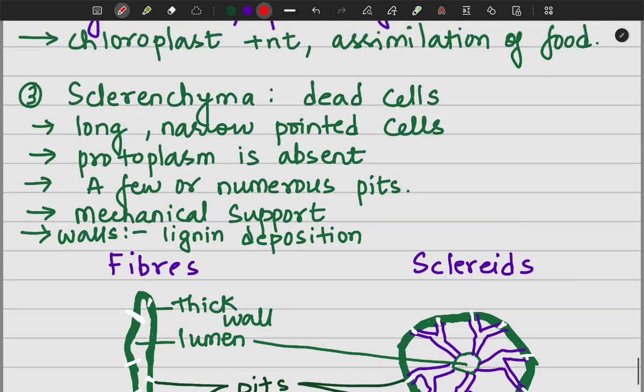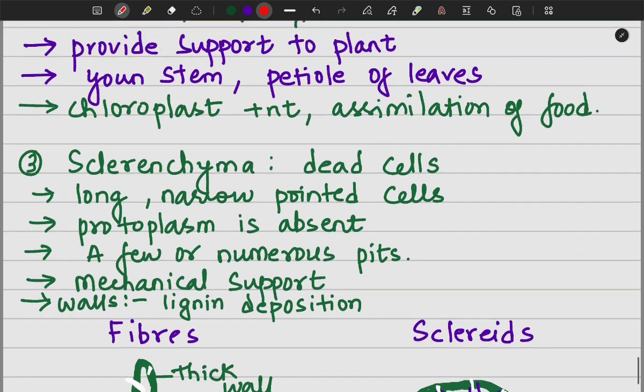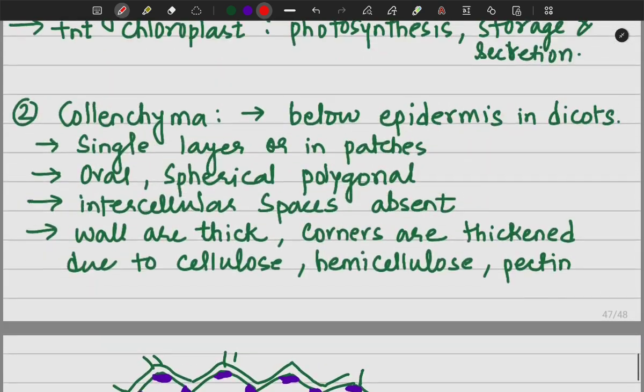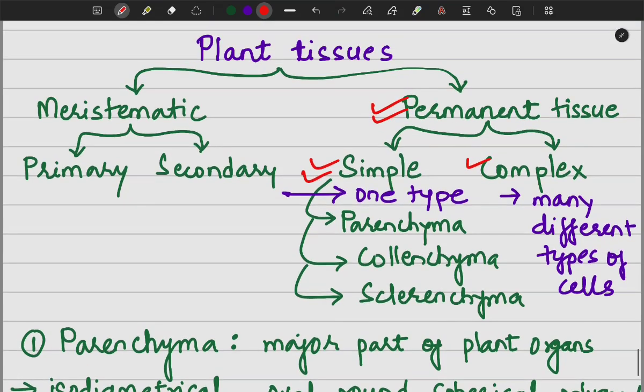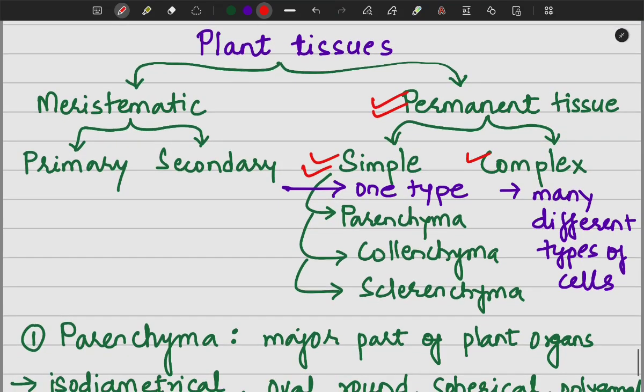So this completes the type of simple permanent tissue. So we started with plant tissue and its type. We covered meristematic tissues, primary and secondary meristem in the previous lecture, and in this lecture we started with the permanent tissue and its type. So permanent tissue is of two types, simple and complex.